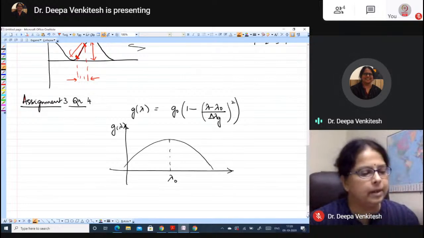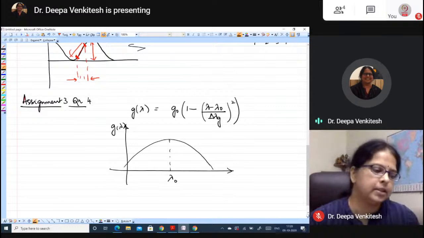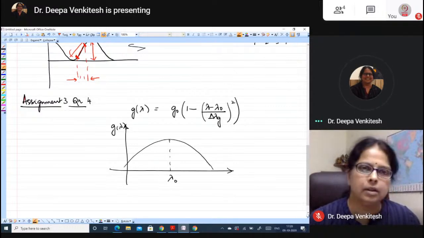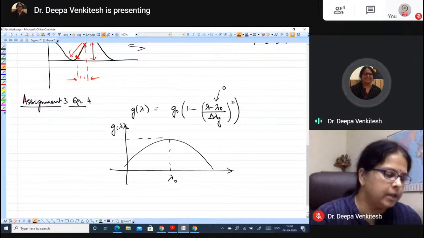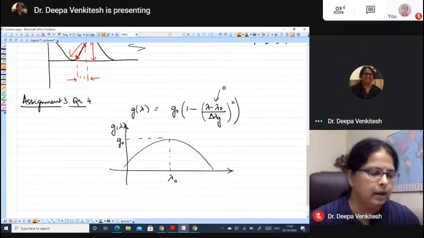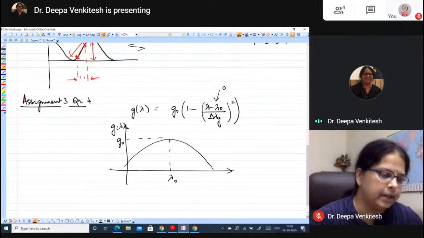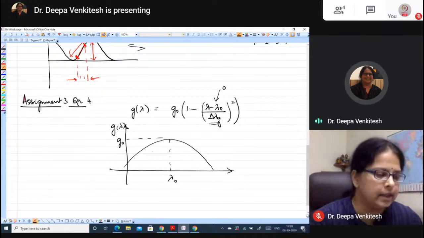When lambda equals lambda naught, lambda minus lambda naught the whole square becomes 0, so the peak value becomes G naught.